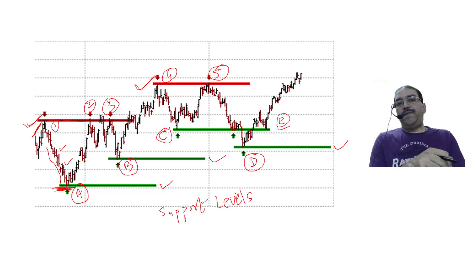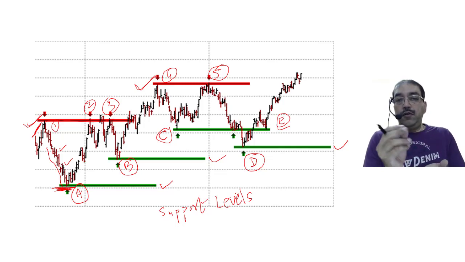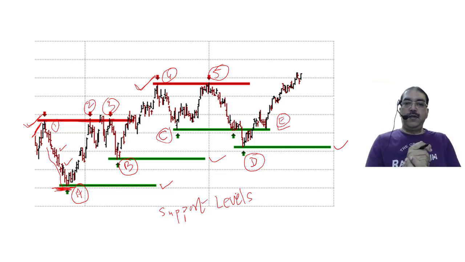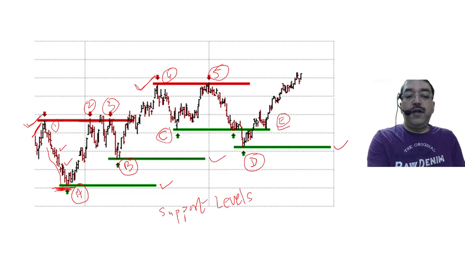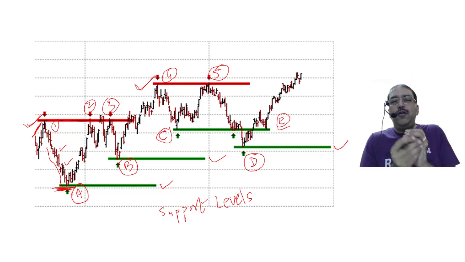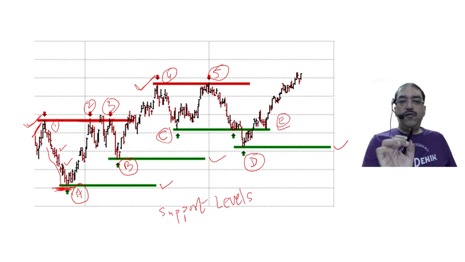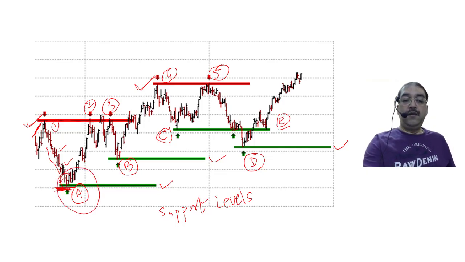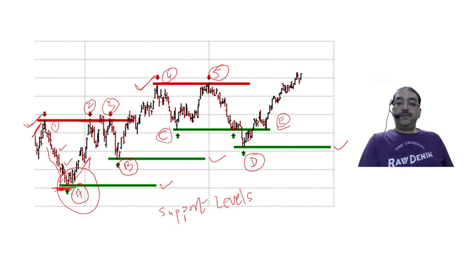The feature of a support level is that once you have drawn this particular point A, the lowest point that ever happened, two things are going to happen in future. First, once it reaches point A, there is a bouncing back. It goes up.